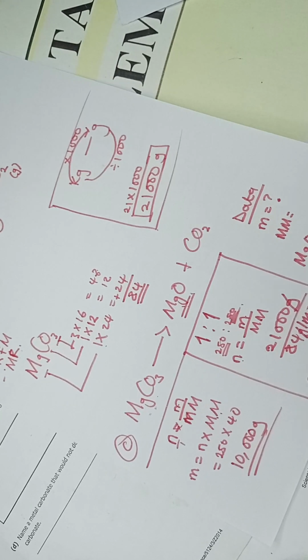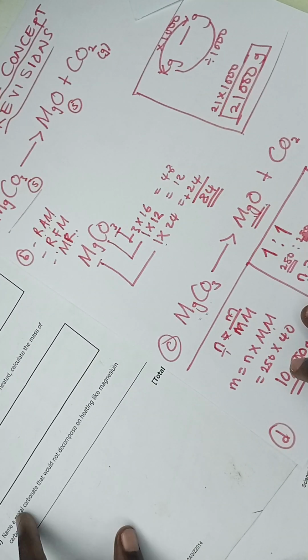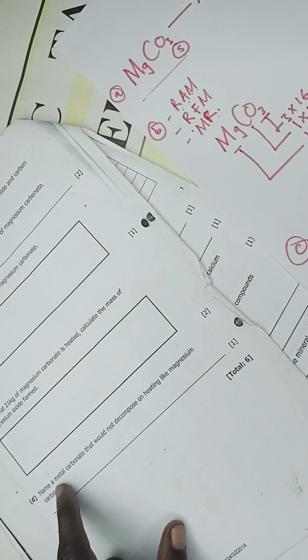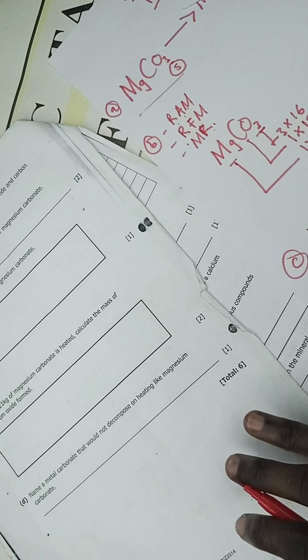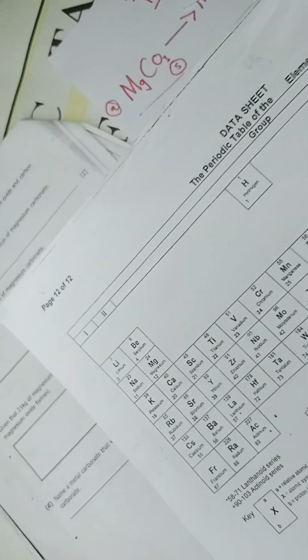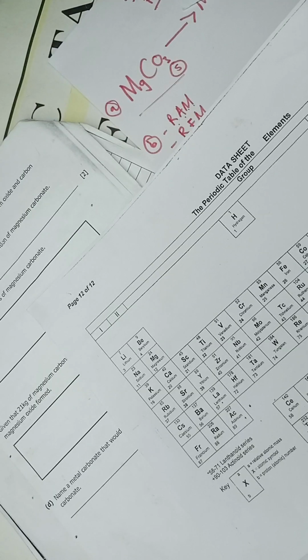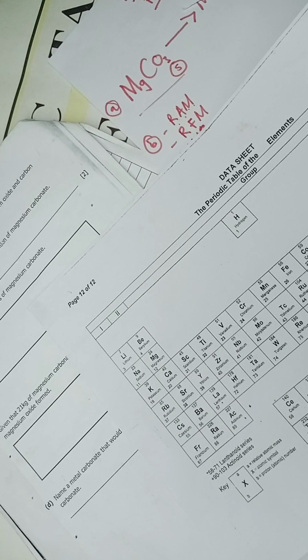Okay, question D. Question D is saying name a metal carbonate that would not decompose on heating like magnesium carbonate. This question has to do with the reactivity series of metals. Metals in group 1 are very reactive. They form stable compounds that do not decompose easily.